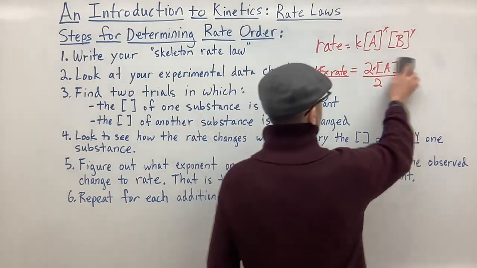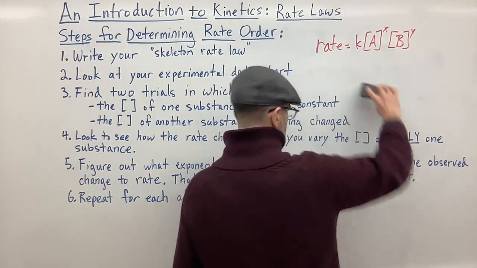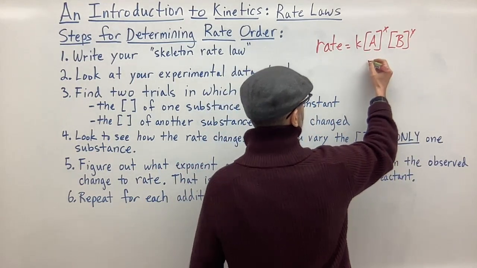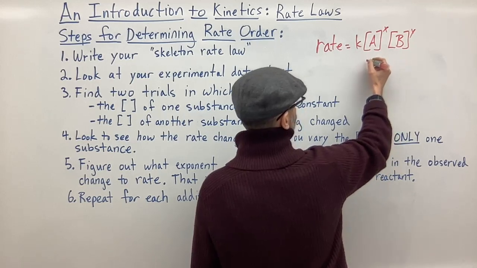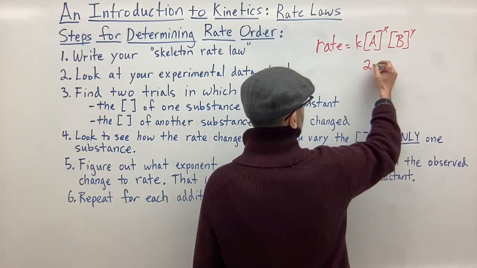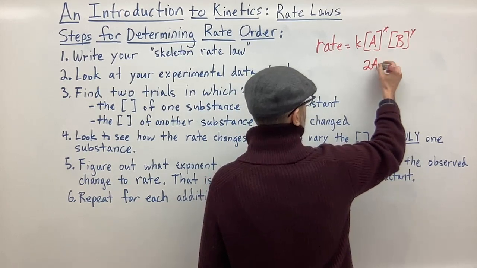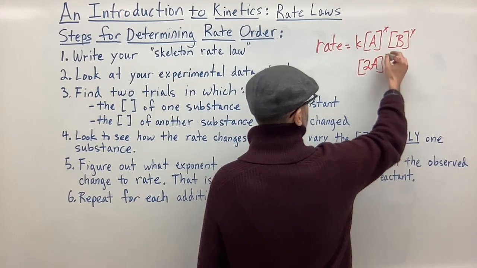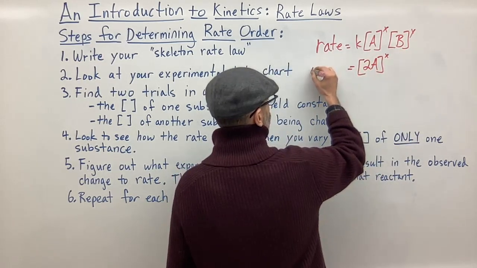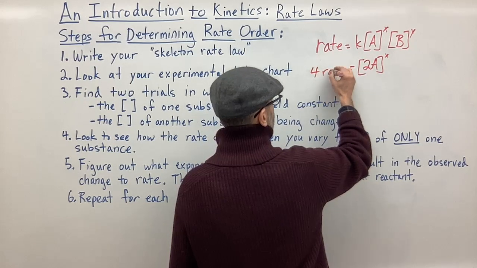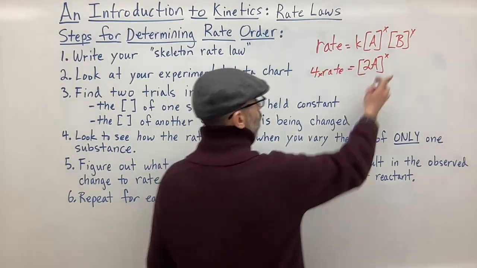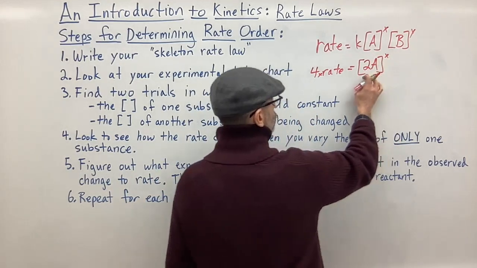I guess another way, maybe a better way to think about it, is if I double the concentration of A, 2 times A, and I quadruple the rate, what would X have to be in order to quadruple that?